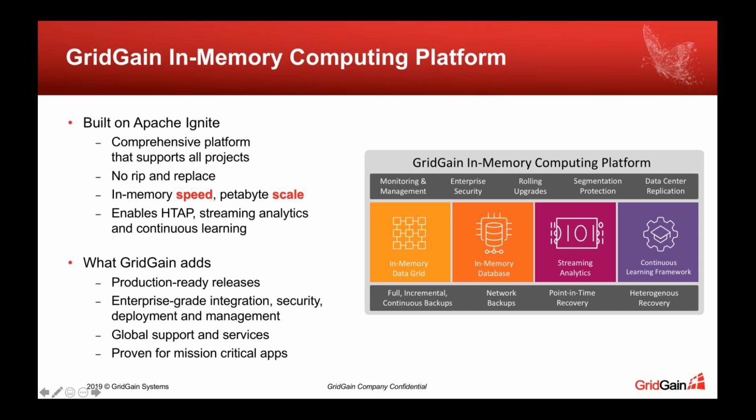What we've been adding as a company is commercial support for Ignite, as well as hot patching and global support and services, as well as enterprise features around security and deployment and monitoring and management, and some high-speed connectors for adding the speed, the scale, and the production readiness for some of the several hundred large-scale customers that rely on us for taking Ignite into production.